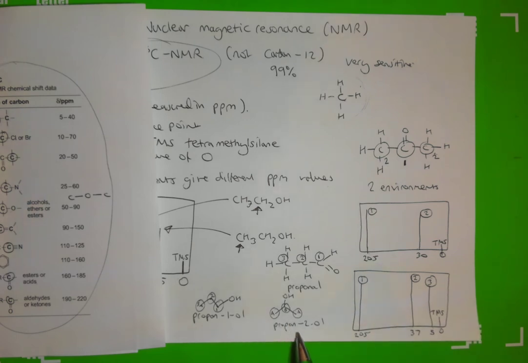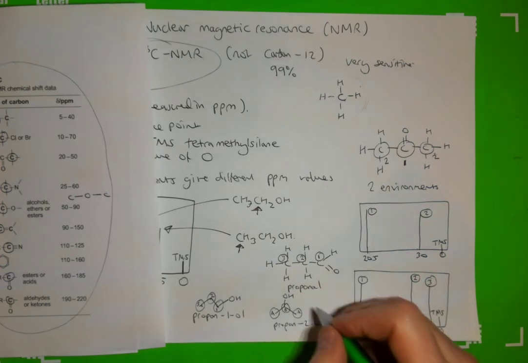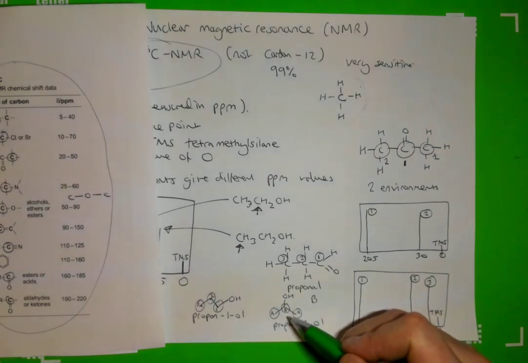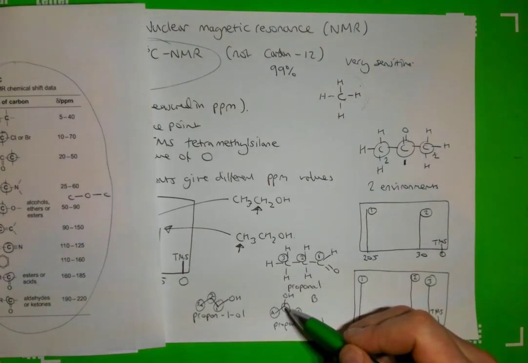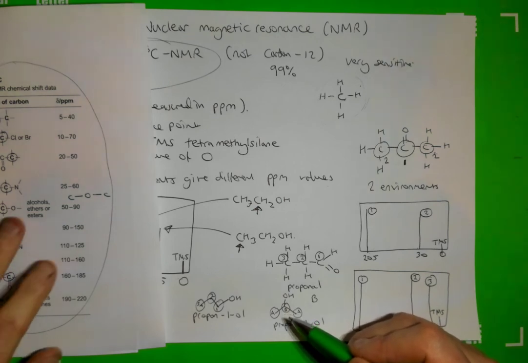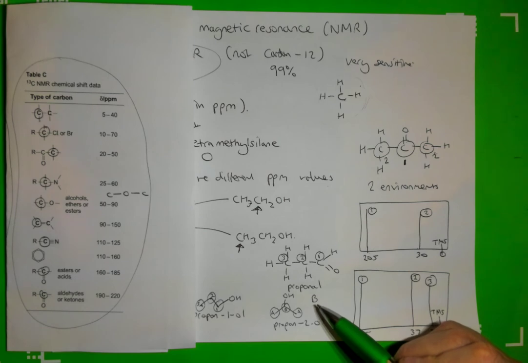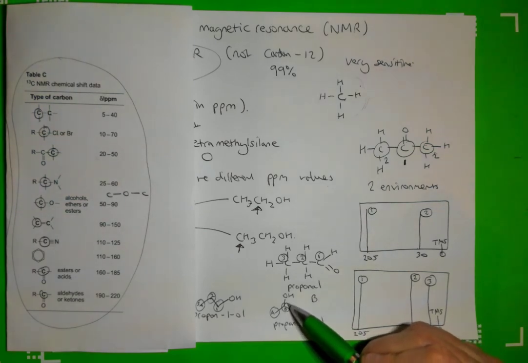Now, this peak here, so this is peak B, could be bonded to an OH. So let's have a look at our data sheet and find an OH chemically bonded to carbon.